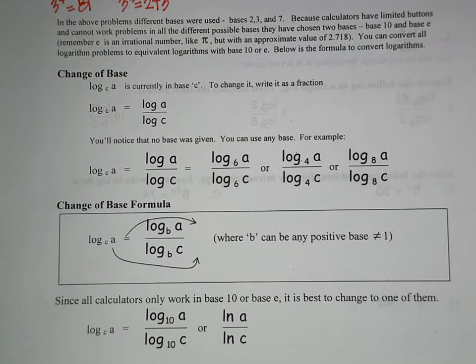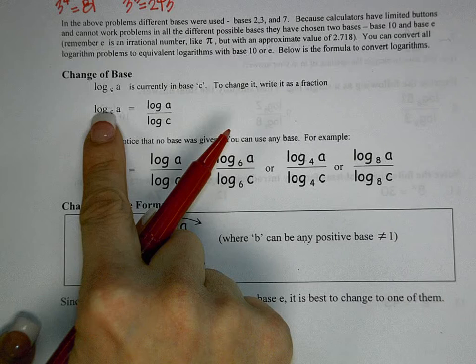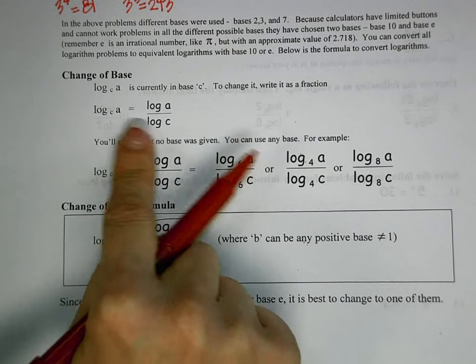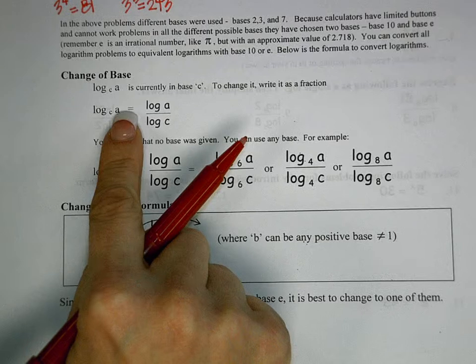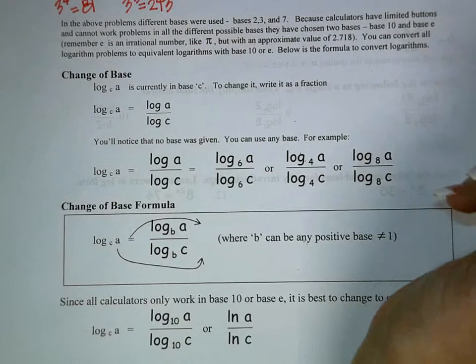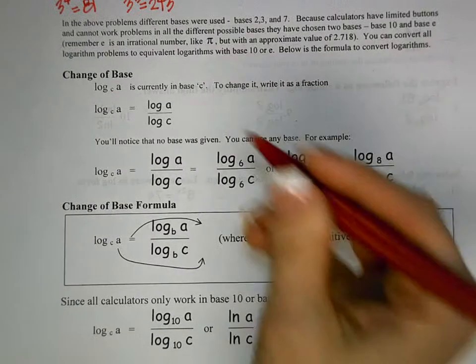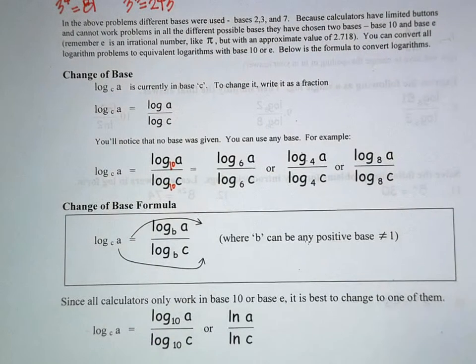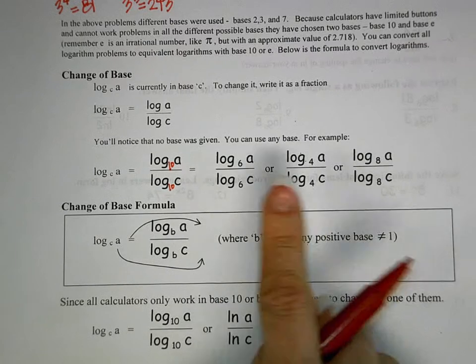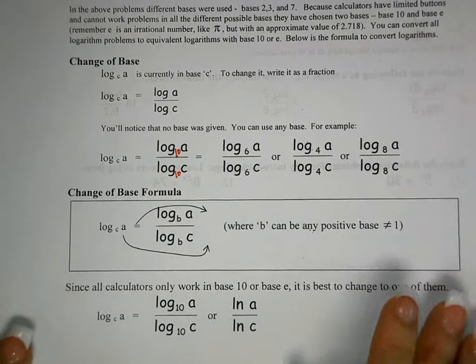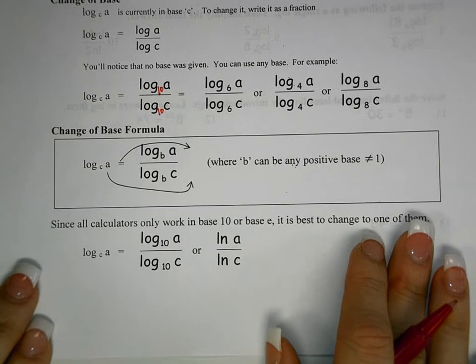This is how we change bases. If you want to change a base, the base part goes to the denominator, the answer part goes to the top. The new base can be anything. Usually we will want to change them both to be base 10. But you could change things to be base 6, base 4, base 8, any base you want. We will use this most often to change things to be base 10.